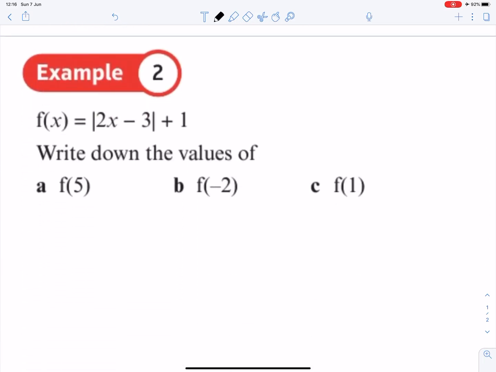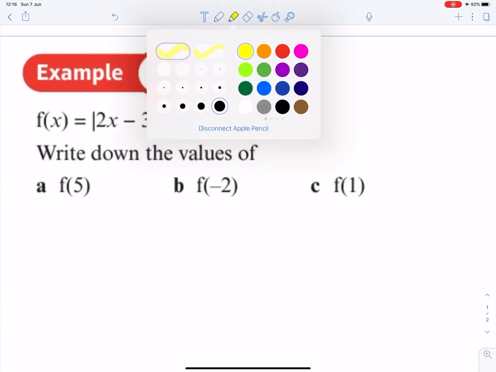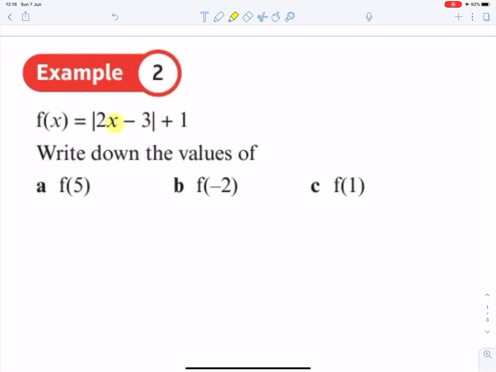Now I think example 2 appears below. So f of x equals the magnitude of 2x minus 3, plus 1. Again, x is our input, these are our input values, and f of x is our output.